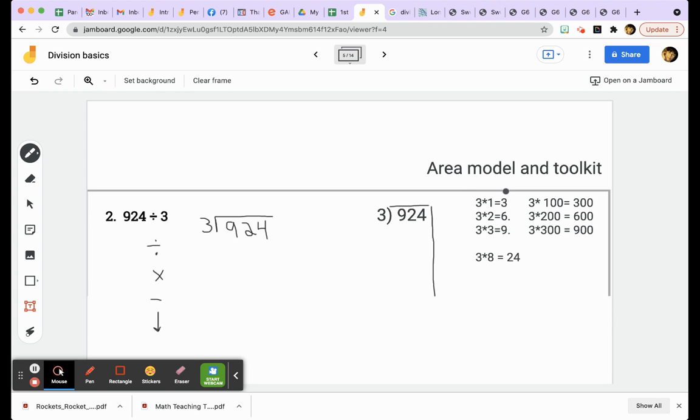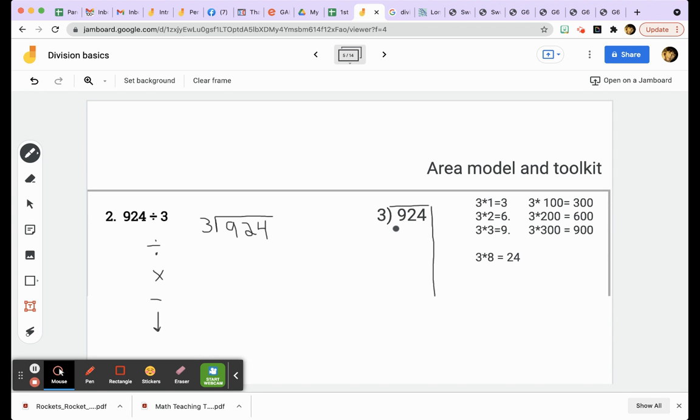So I have 3 times 1 is 3. 3 times 2 is 6. 3 times 3 is 9. Then I'm going to jump down to 3 times 8 is 24. I can see that I'm going to have a 24 here. So I think this would be an important factor and product to write down.